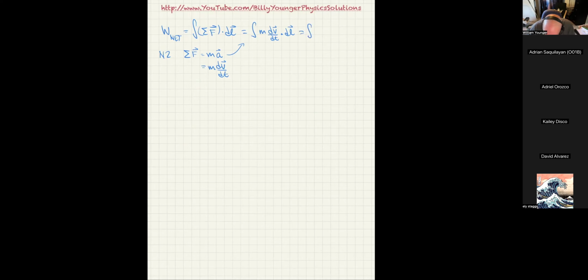So it's going to be the integral of m dv dotted with dl/dt. But then if you think about it, you realize, wait a second, isn't dl/dt the velocity? And you would be exactly right. You can tell by the units that it is, but we're literally taking the instantaneous rate of change of the length that you travel along a path, parallel to that length of the path, right?